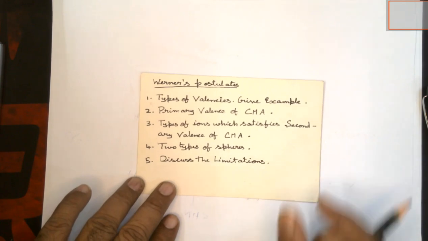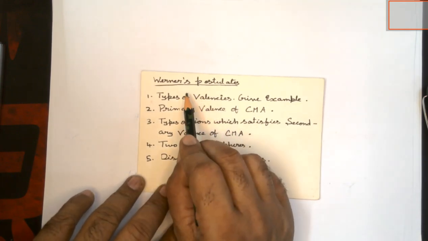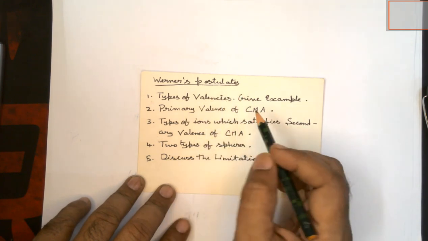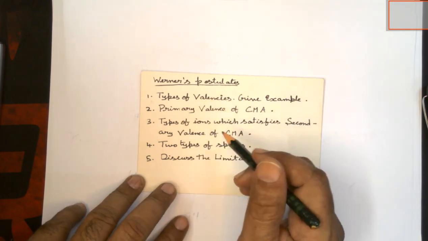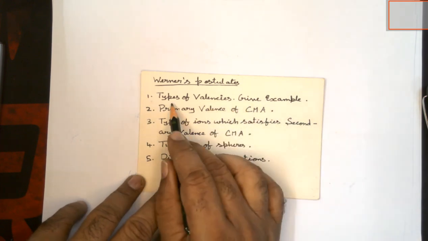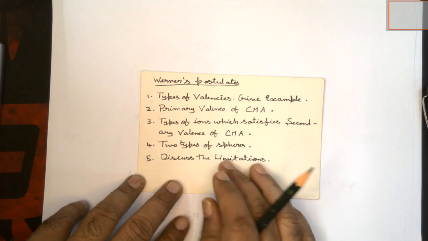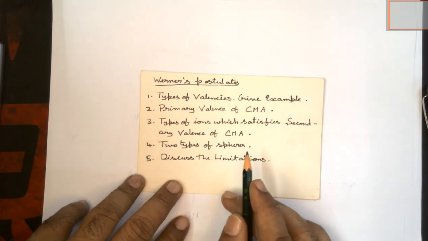Now Werner's postulates, take down. Werner proposed certain postulates as far as coordination compounds are concerned. He talked about the types of valencies. So I was already explaining about the primary valency and the secondary valency.